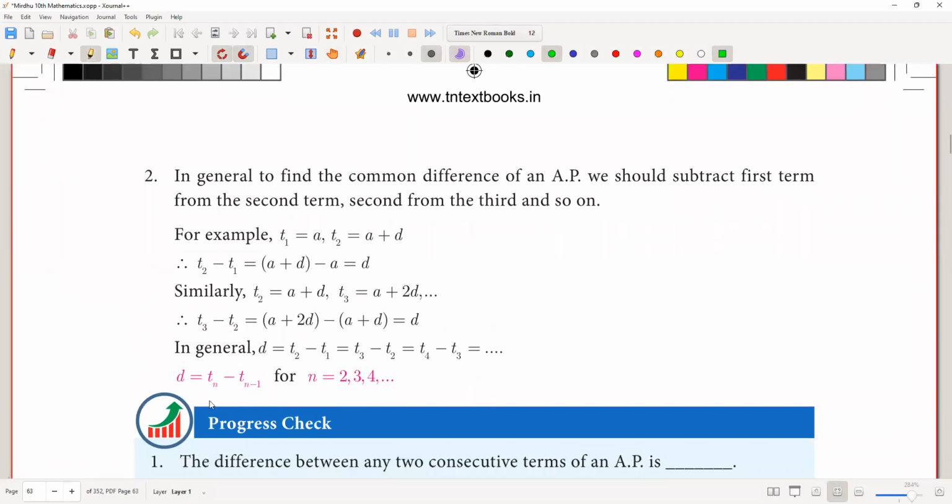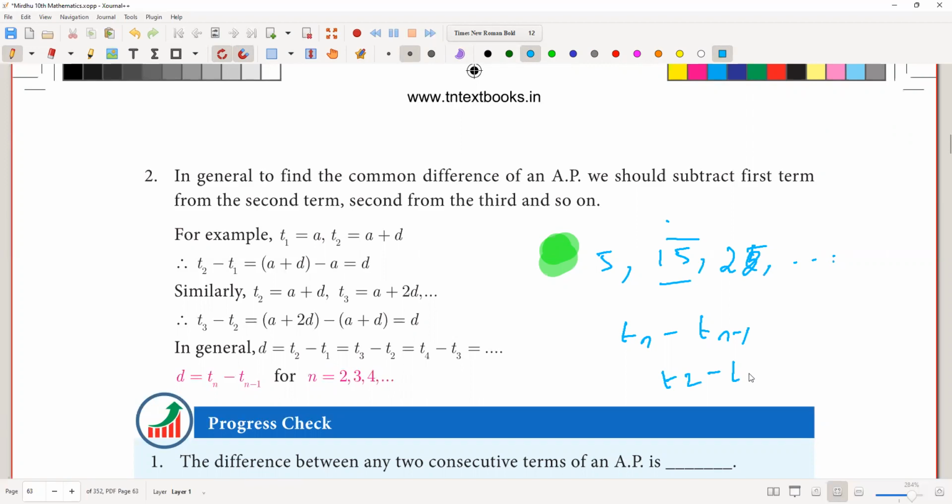Generally, we can find D by Tn minus Tn minus 1. That is, if there is a sequence 5, 15, 25, and so on, we can say Tn minus Tn minus 1, that is T2 minus T1, or T3 minus T2.